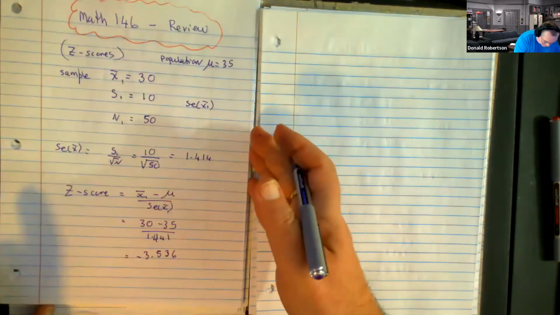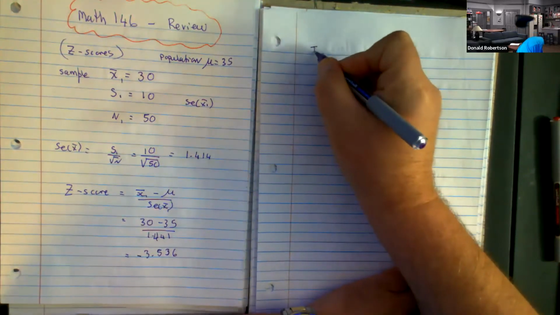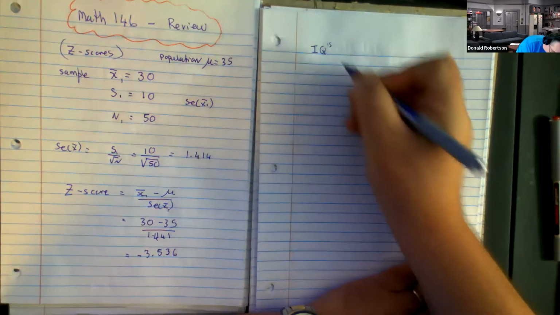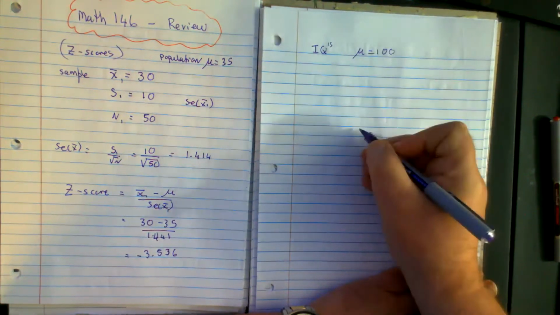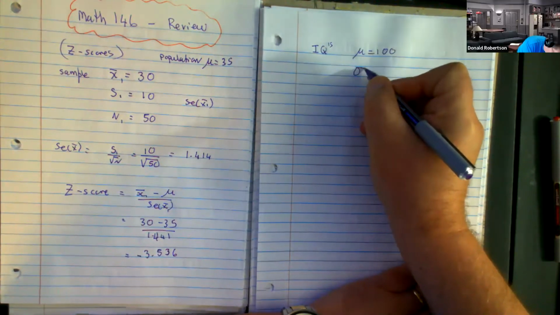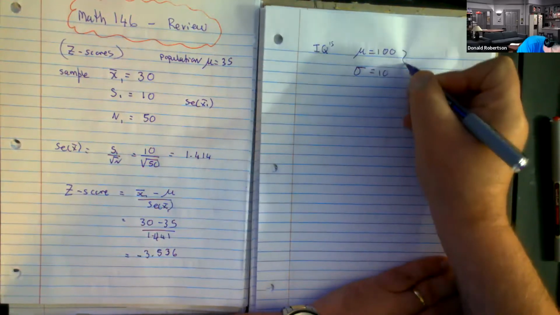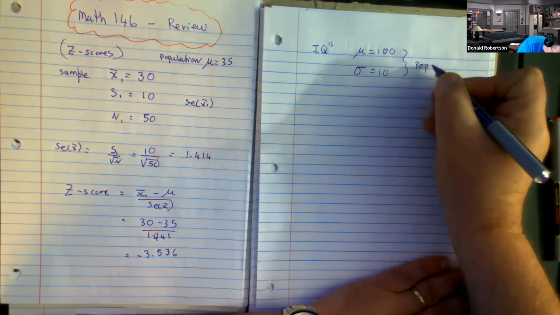Here's a different story. Let's do an IQ story. We know that the mean of IQs is 100, and we know sigma equals 10. These are population parameters.